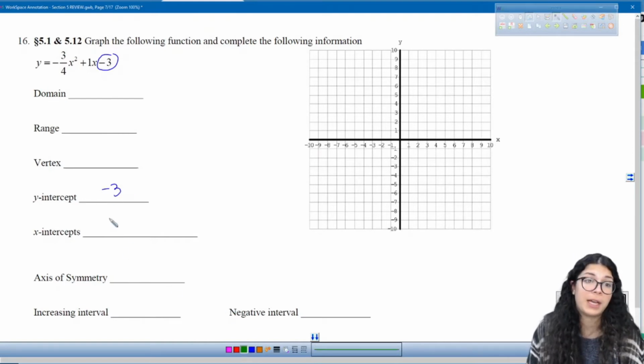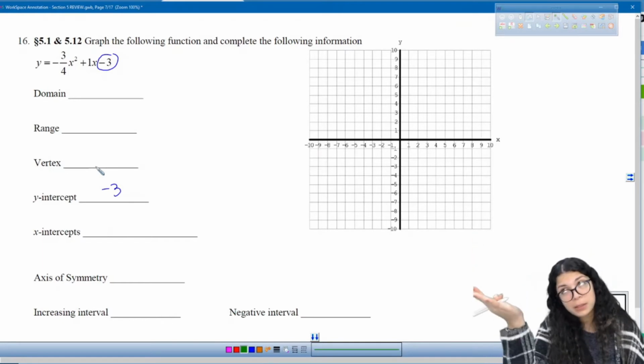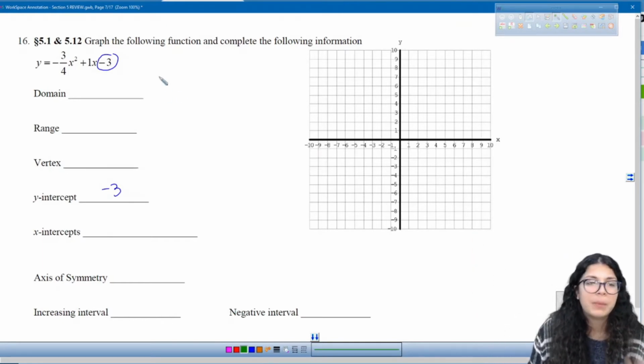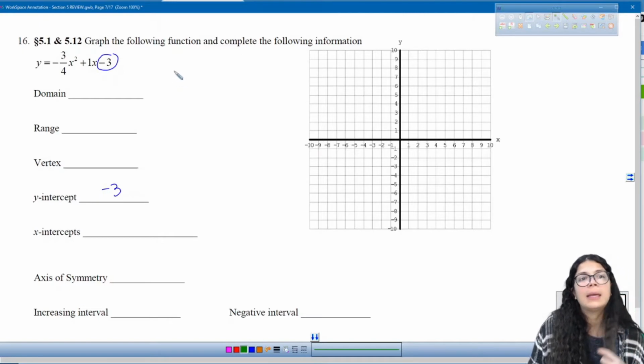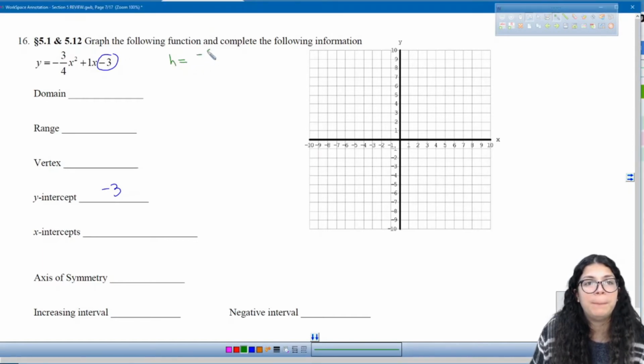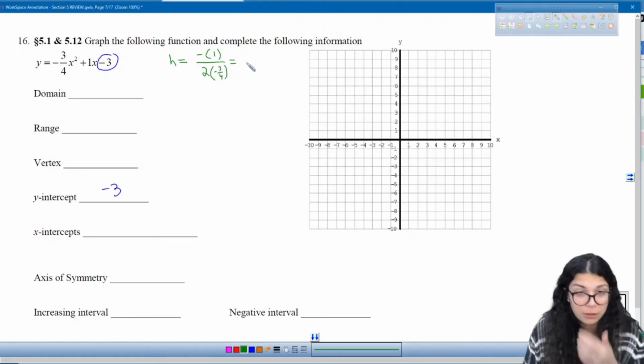To find the vertex, we could do two things. We could either complete the square to get the vertex form, or we can use that formula, right? Let's go ahead and use the formula. Okay, so the h value will be -b over 2 times the a value, -3/4. All right, so we got some fractions to deal with.